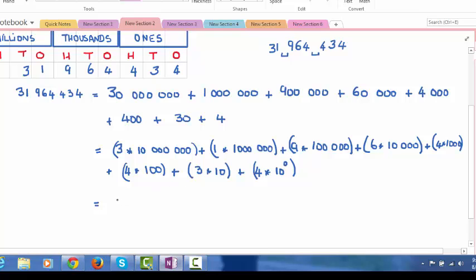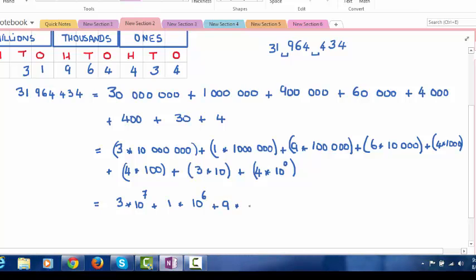So I can write it as 3 times 10 exponent 7, plus 1 times 10 exponent 6, plus 9 times 10 exponent 5, plus 6 times 10 exponent 4, plus 4 times 10 exponent 3, because there are 3 zeros, plus 4 times 10 exponent 2, because it's 100, plus 3 multiplied by 10 exponent 1, plus the last one, 4 times 10 exponent 0.